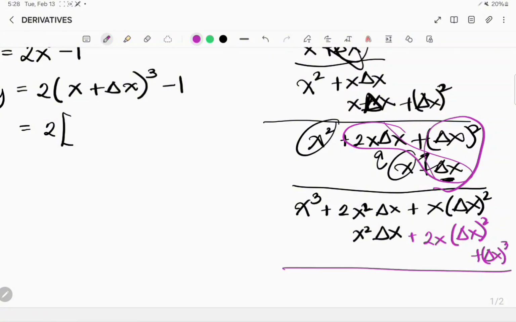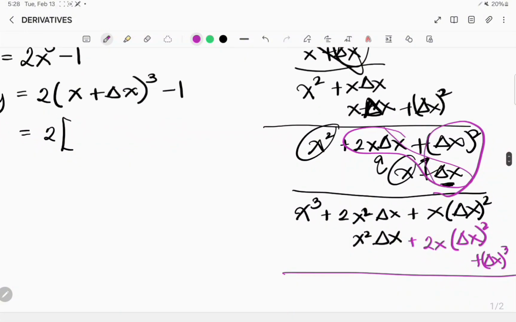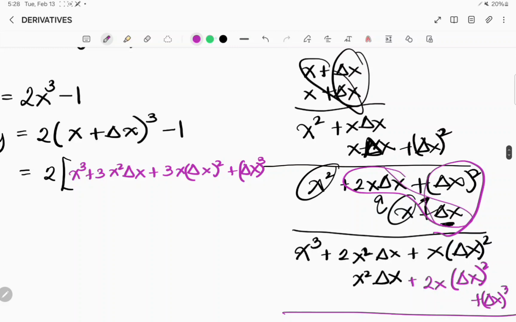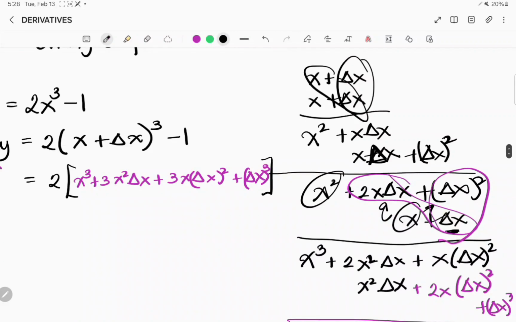Meaning if you are going to add this, it will become x cubed plus 3x squared change of x plus 3x change of x squared plus change of x cubed. So that's it. Close bracket.